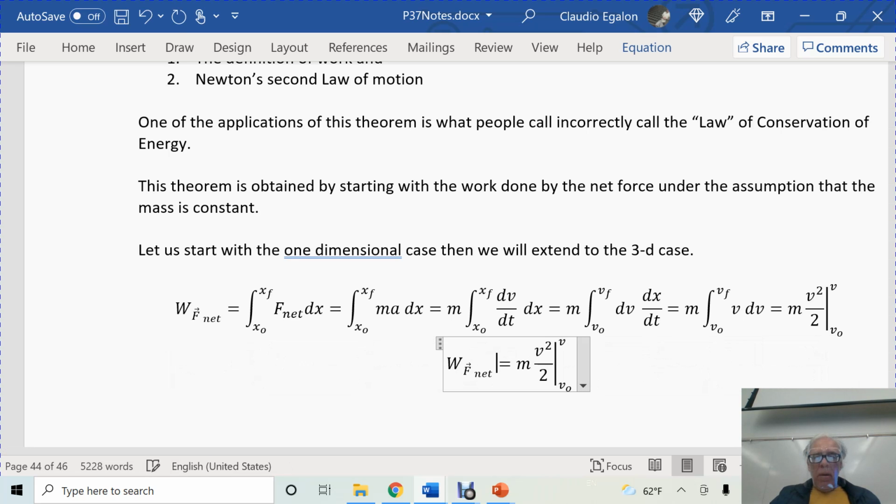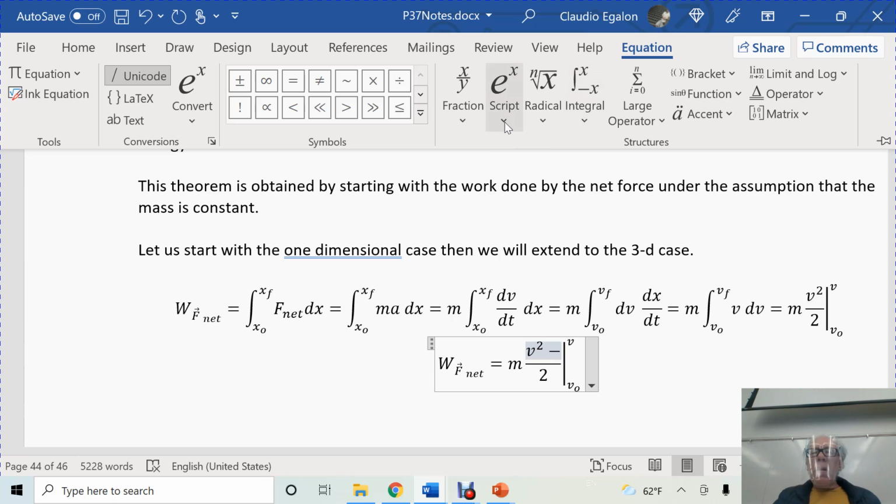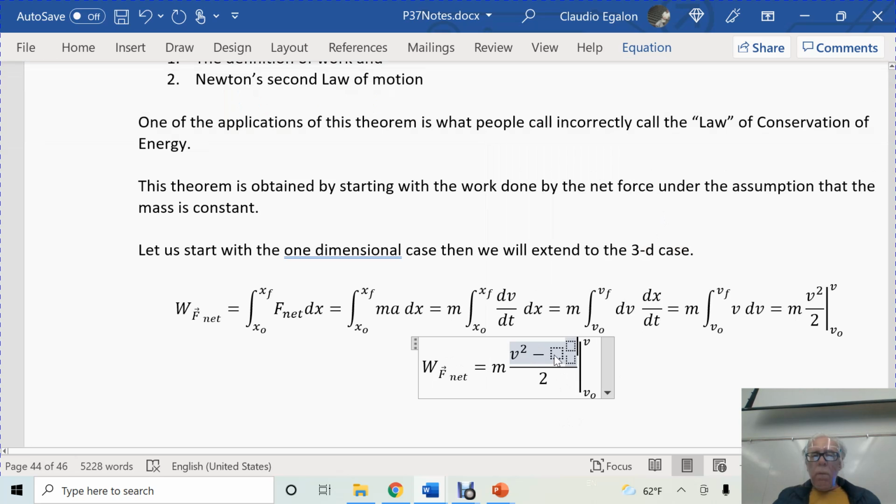Here we go. We apply the limit of v squared, we leave it this way. And now the other limit, we're going to v naught squared. Here you go.